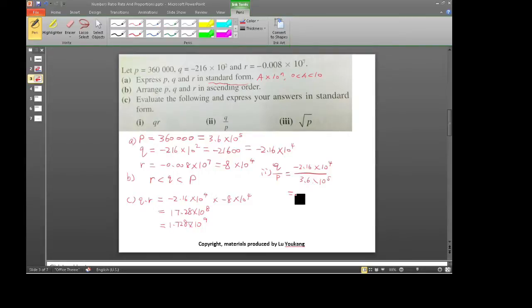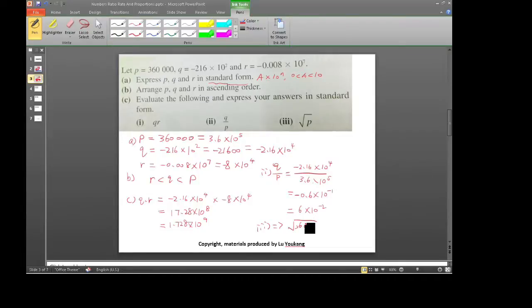Then take 10 to the power 4 over 10 to the power 5. So what you get? You will get minus 0.6 times 10 to the power minus 1. And therefore you get minus 6 times 10 to the power minus 2. And I have made a mistake here. I have ignored the minus sign, so please add it in.